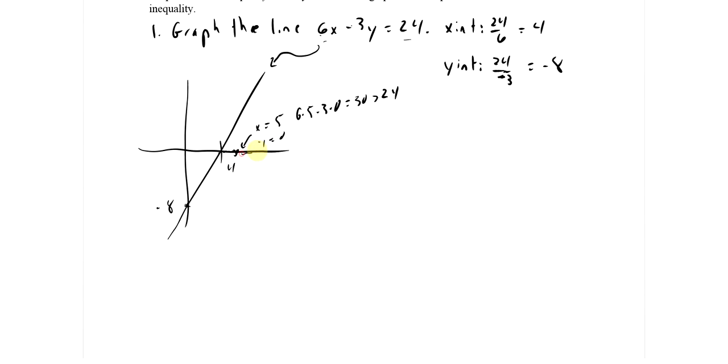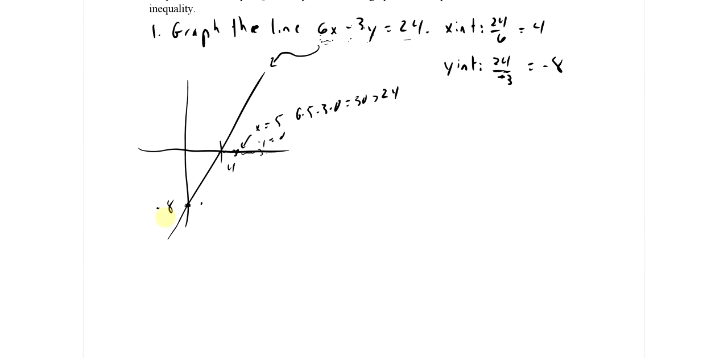And if you keep going to the right, x equals 6 or x equals 7, this term is just going to get bigger and bigger. It doesn't really matter where you start. Even if you started where x equals 0 and y equals minus 8, if you go over to x equals 1 and y equals minus 8, then you'll be adding 6 times 1, plus 24, that's minus 3 times minus 8, and that'll be 30 again.